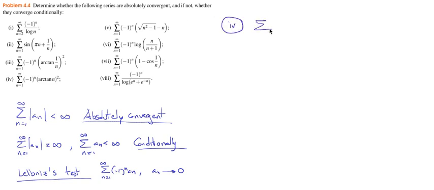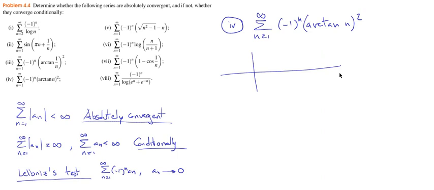This is the sum from n equals 1 to infinity of (-1)^n times the arctangent of n squared. Now, if you remember the arctangent, let's call the variable x, it doesn't matter.